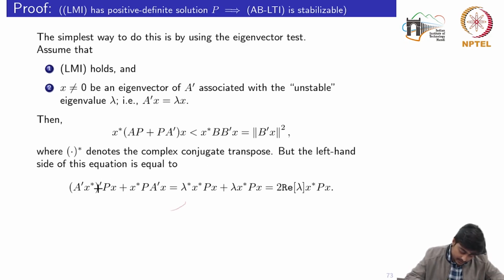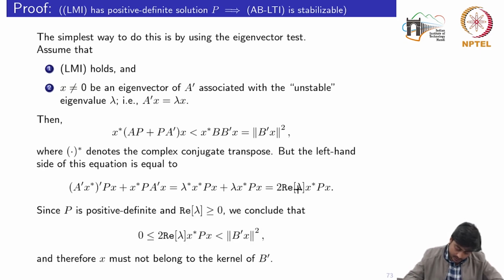And on this side, since A transpose X star would be equal to lambda star X star, similarly here we would have A transpose X equal to lambda X, and since lambda is a scalar I can take them onto the left, I can commute them, which finally gives me twice the real part of lambda into X star P X.